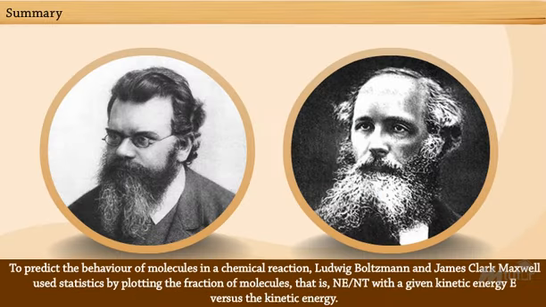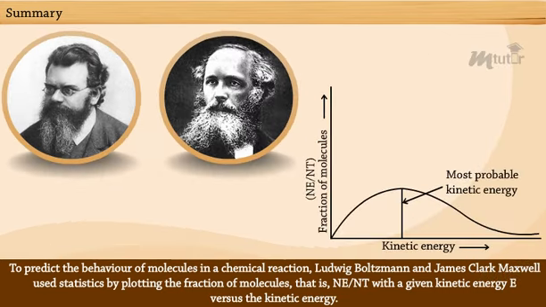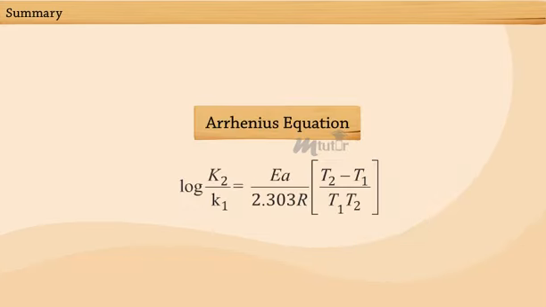To predict the behavior of molecules, Ludwig Boltzmann and James Clerk Maxwell plotted the fraction of molecules, Ne divided by Nt, with a given kinetic energy E, versus the kinetic energy. And the Arrhenius equation can be expressed as log(k2/k1) = Ea/(2.303 R) × (T2 - T1)/(T1 T2).